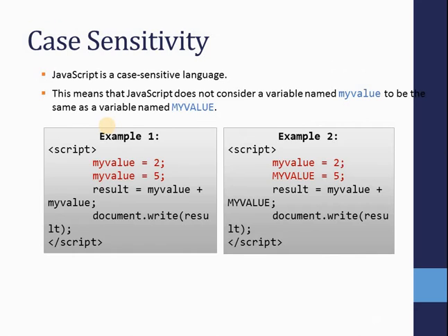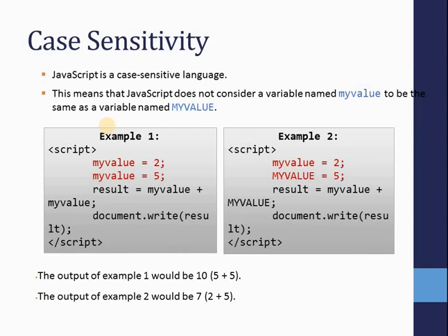So it will create a difference. The output of example 1 would be 10, because myvalue plus myvalue means 5 plus 5, that is 10. But over here, it will create a difference: that is 2 plus 5, that is 7.